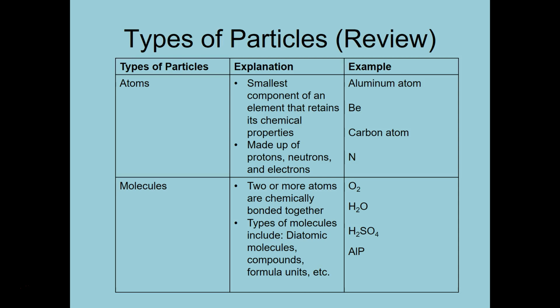Types of molecules include diatomic molecules, compounds, formula units, etc. Examples: O2, diatomic molecule; H2O, compound; H2SO4, compound; AlP, formula unit. Molecules have more than one thing in them. Atoms only have one thing in them.